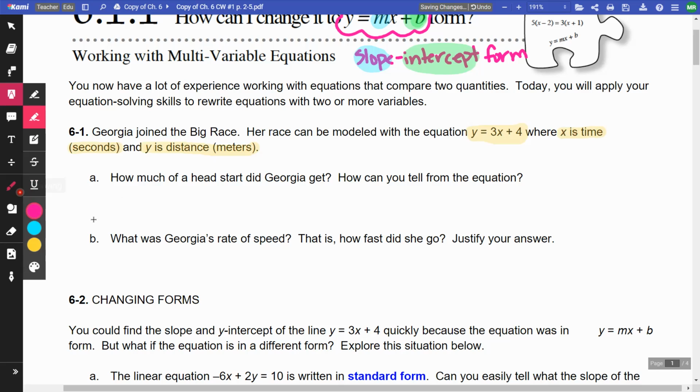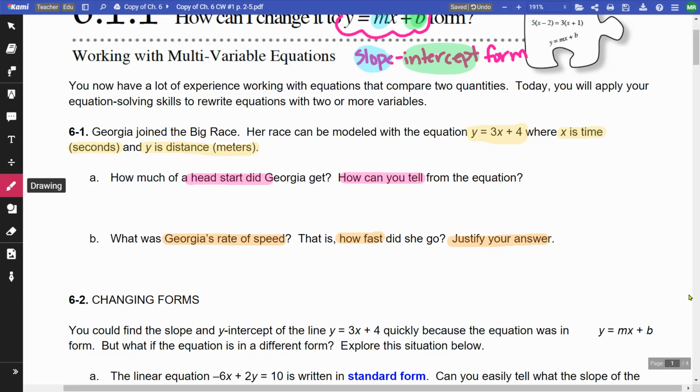Now, what they want us to do is figure out how much of a head start did Georgia get. What was her head start? And how can you tell from the equation? And we also want what was Georgia's rate of speed, or basically how fast she was going. And again, justify it. Okay, so you might want to pause, answer those, and then restart.